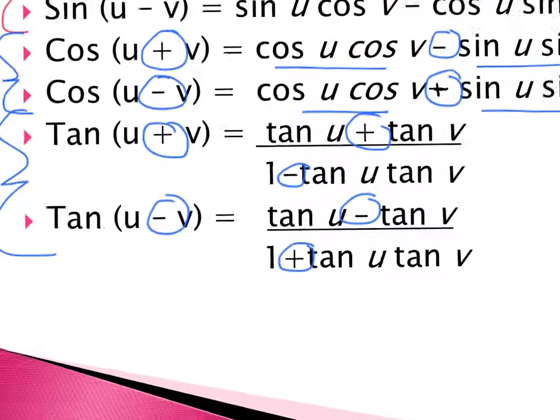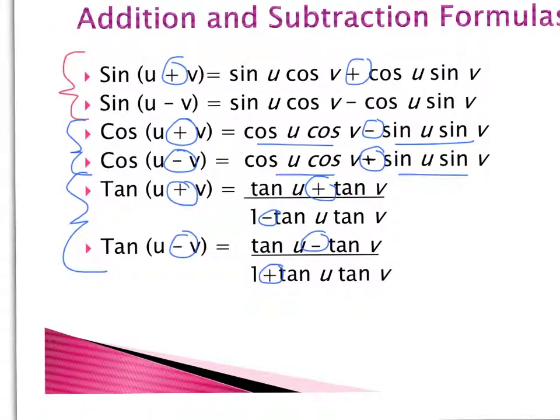So what am I talking about? Well, this is what I'm talking about. Let's say we have, I'm going to make up an angle right now, 15 degrees. Let's say I want to evaluate cosine 15 degrees. Well, can I use the unit circle to evaluate cosine of 15 degrees and find my exact value? No, but I can manipulate angles on the unit circle so that I get 15 degrees.